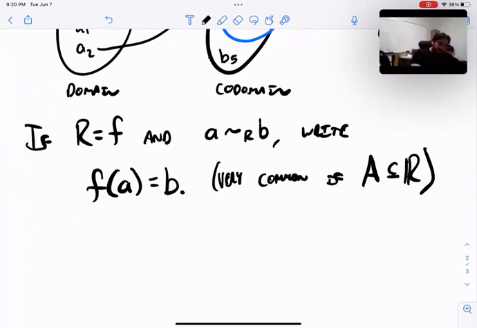But you can also have subscript notation. So if A is instead the natural numbers, or some subset of the natural numbers, it's very common to write the input as a subscript instead.